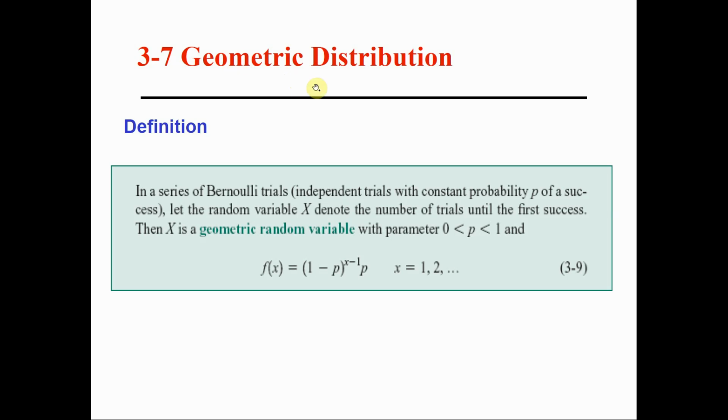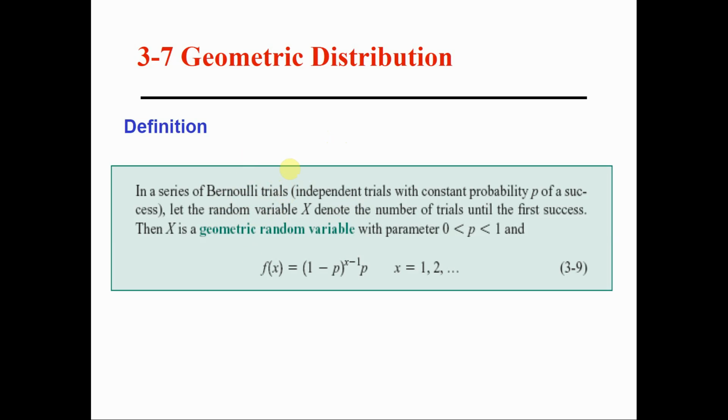Now, what about the geometric random variable? Again, it's a close relative to the binomial random variable because it also depends on a repetition of Bernoulli trials. Let me start with an example before we talk about the general statement: tossing a coin. I give you a coin and I tell you to toss the coin.